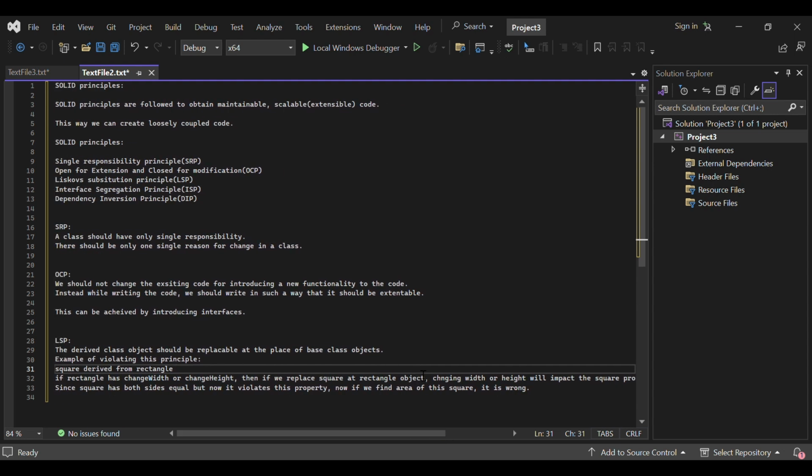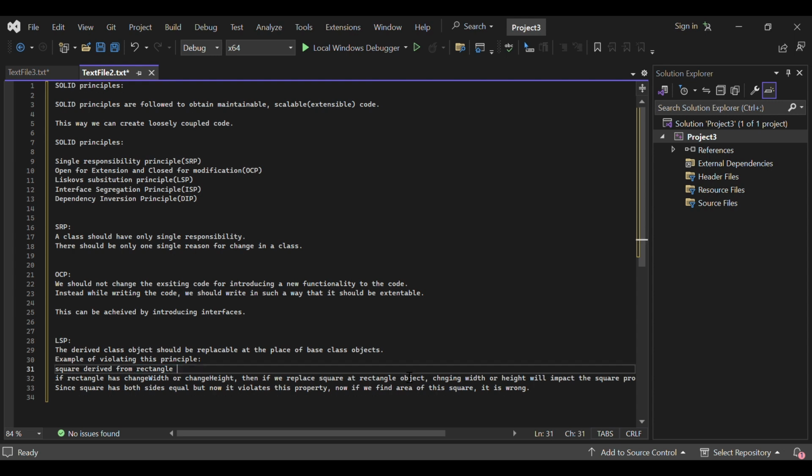Now if we calculate the area, it will be calling the area of the square. The area of a square is the side squared, but here it has two different values for width and length, so it is violating the basic property of the square. A square should have both sides equal, but here we have two different sizes for width and length.